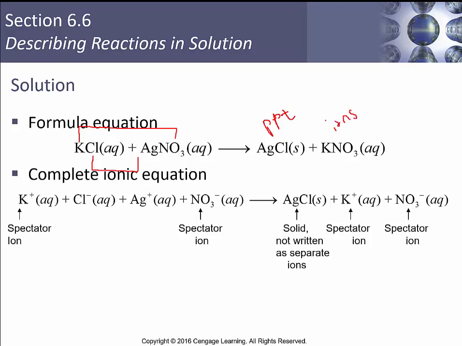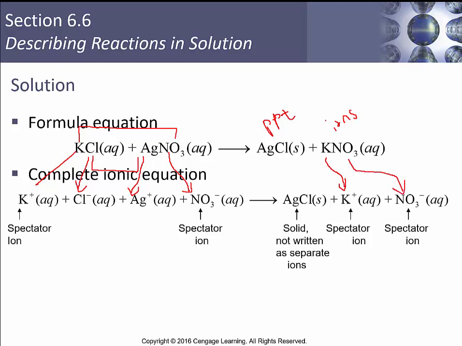So our complete ionic equation shows where my ions are. So we're going to write that out as K plus and Cl minus and Ag plus and NO3 minus. And they're going to form AgCl solid and then K plus, because this guy is still aqueous and it's soluble. Anything in our column 1 is going to be soluble, so this is soluble. And all nitrates are soluble, so it's doubly soluble, and our nitrate.